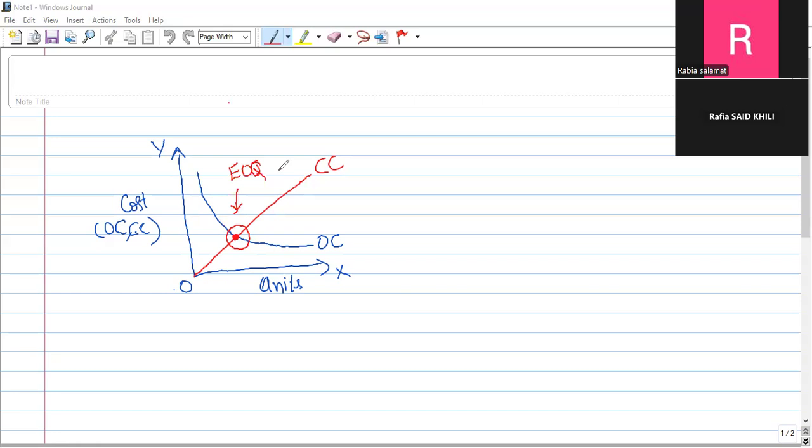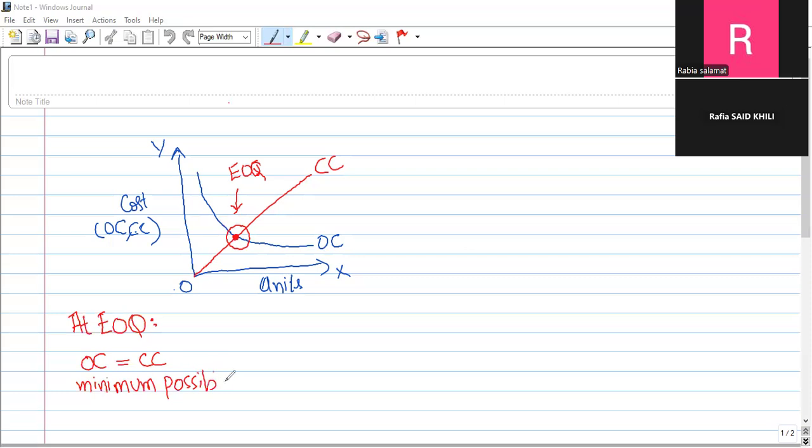Only and only at the EOQ model, ordering and carrying cost are equal and minimum possible. Our conclusion is at EOQ, ordering cost equals carrying cost, and these costs are minimum possible.